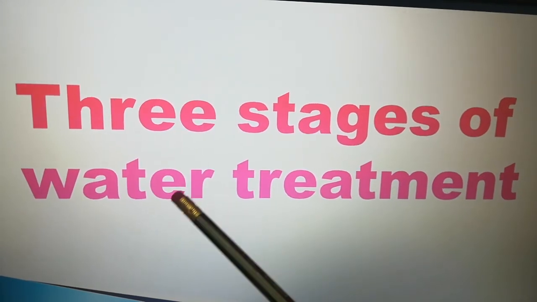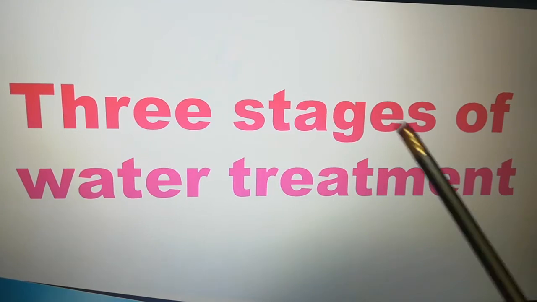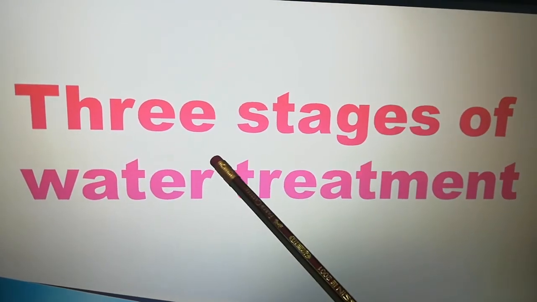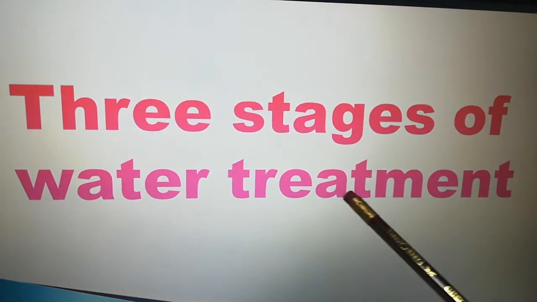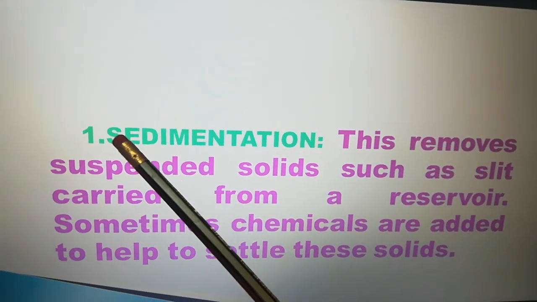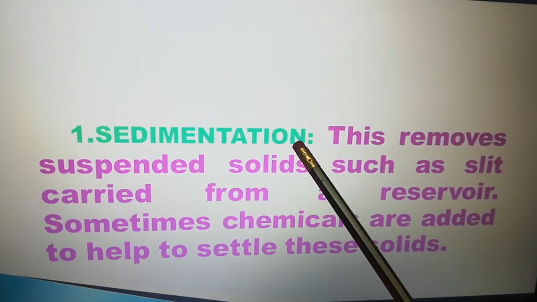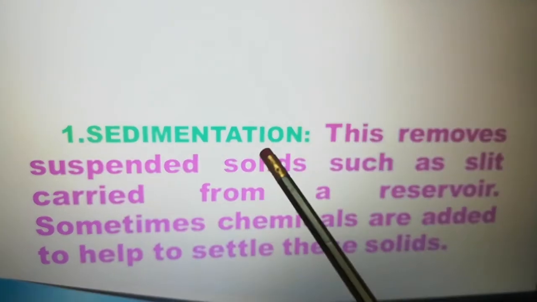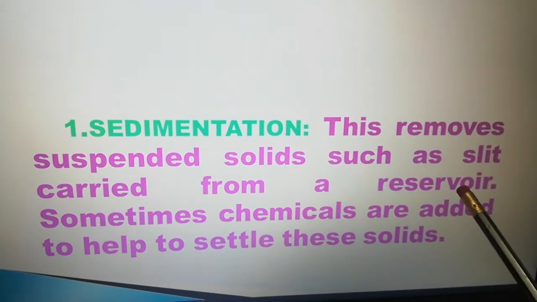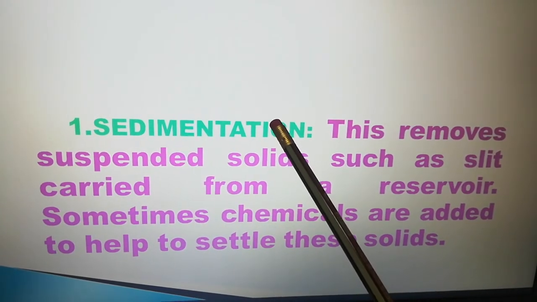Let's study the stages involved in water treatment. There are 3 stages involved in the water treatment. First is sedimentation. Here in the sedimentation process, what will happen? The water from the reservoir comes directly to the sedimentation tank.